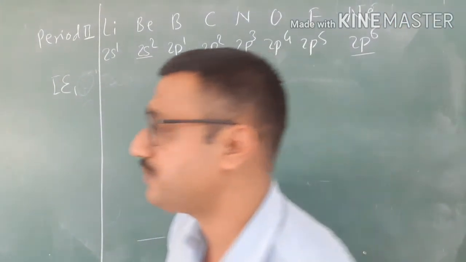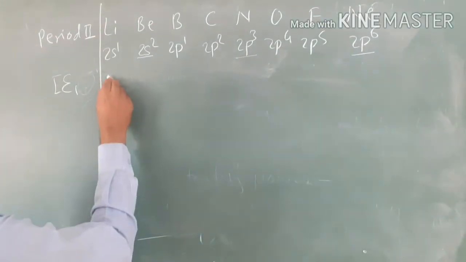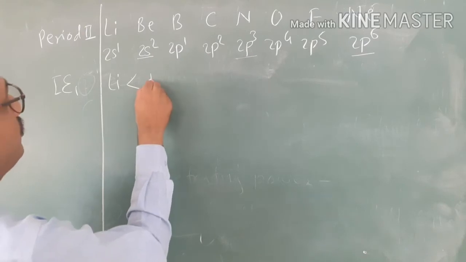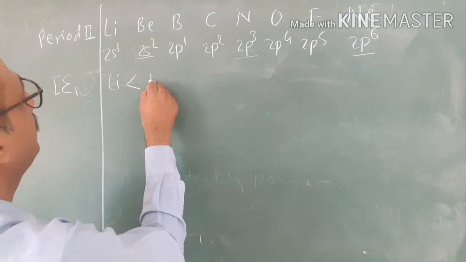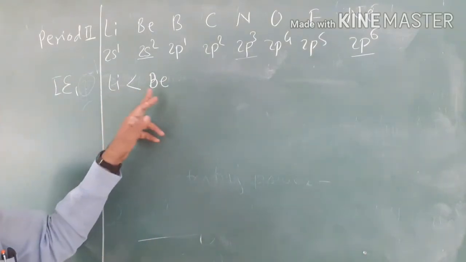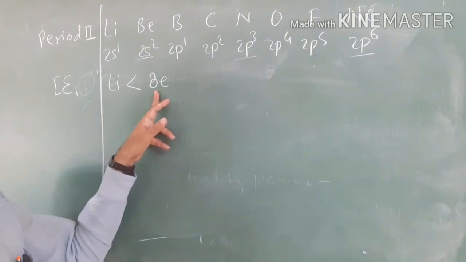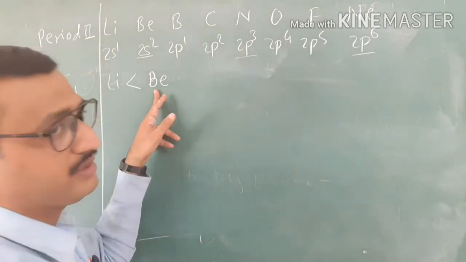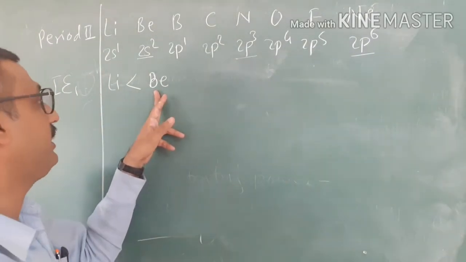Now as compared to lithium, the ionization potential value is greater for beryllium, because the general trend is size decreases, so by default ionization potential increases.